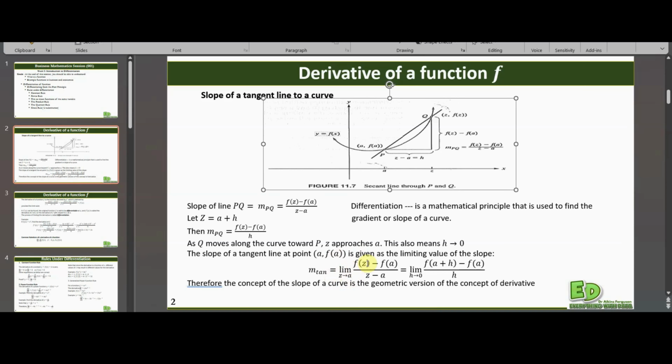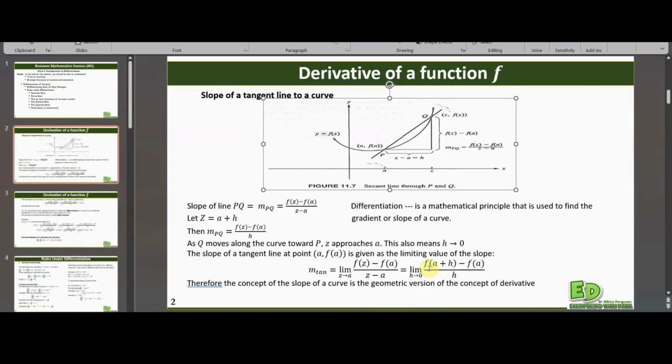Our y2, which is what? f of z minus y1, which is f of a, all over x2, which is z minus x1, which is what? A. It is equal to the limit as h approaches 0, right? Because z approaching a is the same as what? h approaching 0. Horizontal distance here approaching 0.